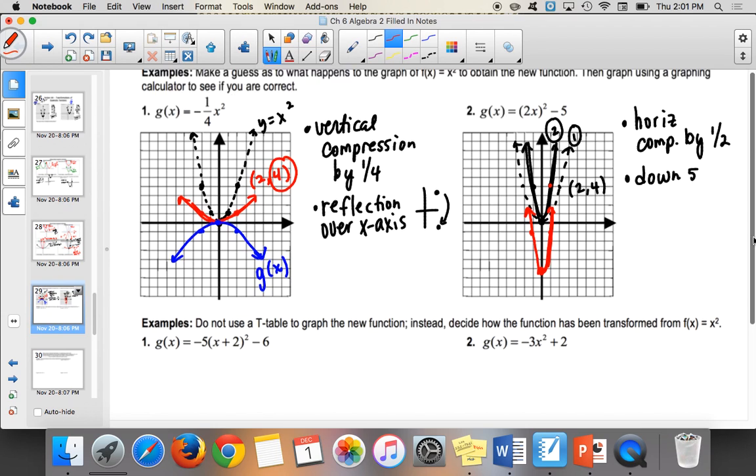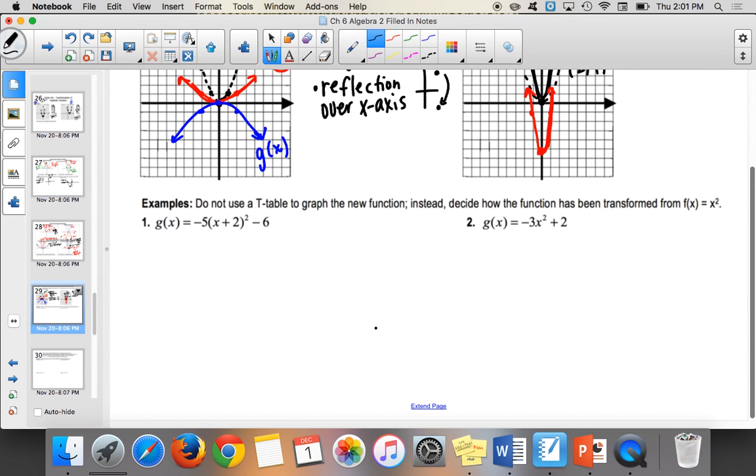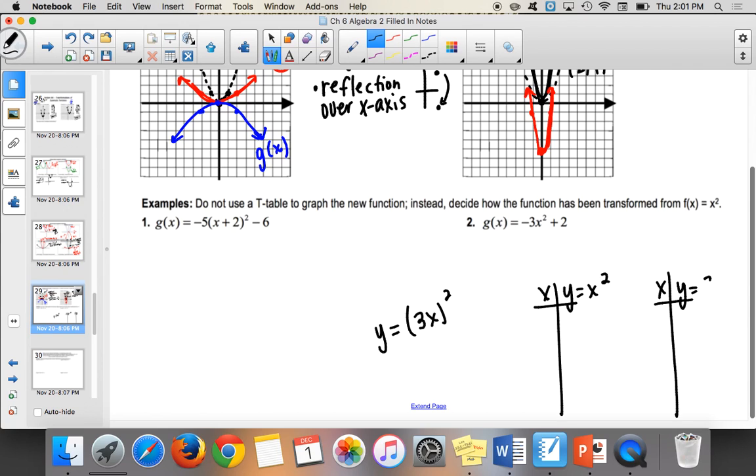So let me show you a picture. So if I had like y equals 3x squared, and I was comparing my t-tables between our parent function and this new function. If I wanted to get 1 out, let's say. So like see all these values we had before.